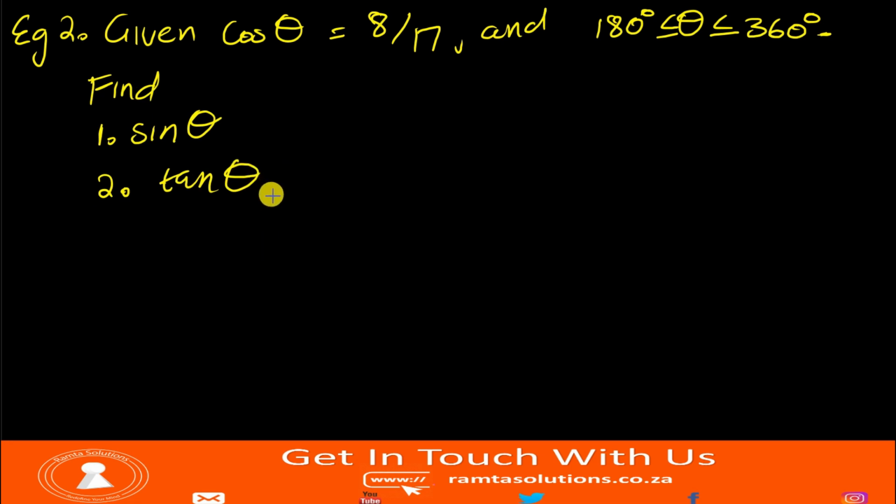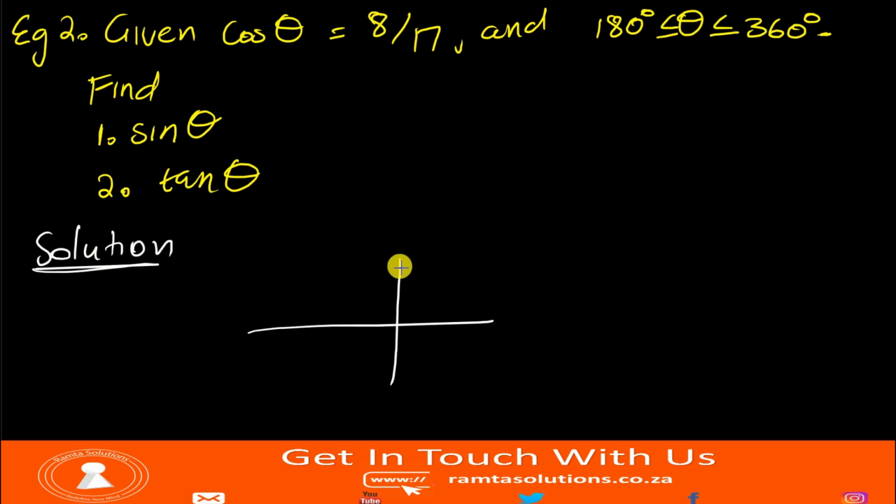So, a thing that you must ask yourself is that you are given that cos theta is 8 over 17. This is a positive cos theta. In your cast diagram, first, second, third, fourth, cosine is only positive in the first and the fourth quadrant. However, the angle given here must be here.